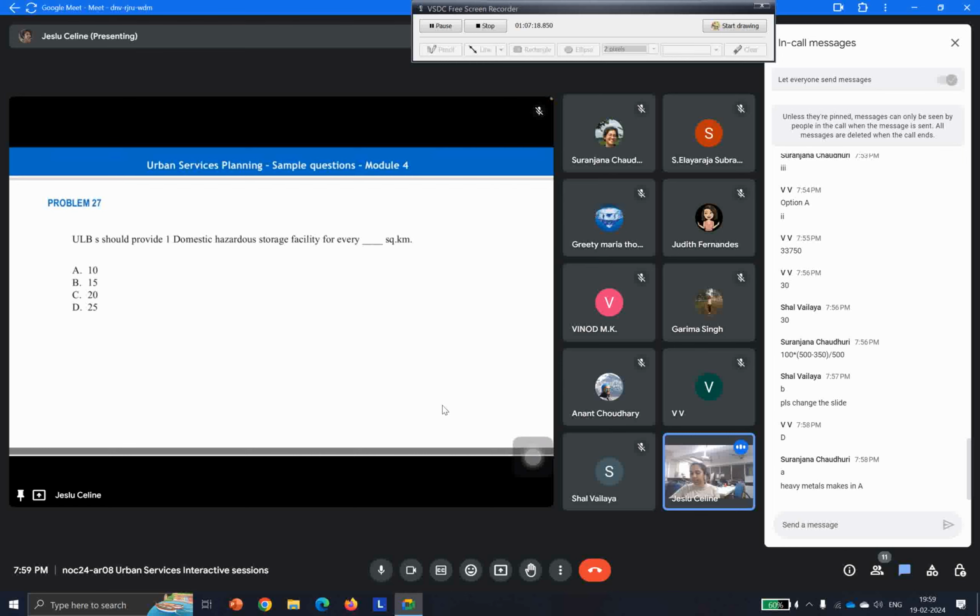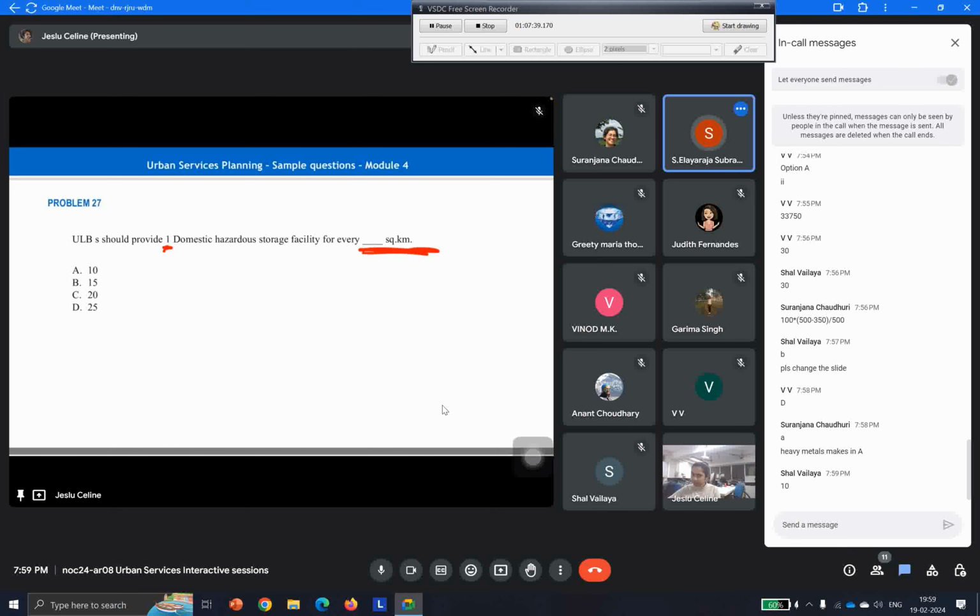ULBs should provide one domestic hazardous storage facility for how many square kilometers? This is a standard. Any guesses? Is it 10, 15, 20, or 25? Somebody says 10.